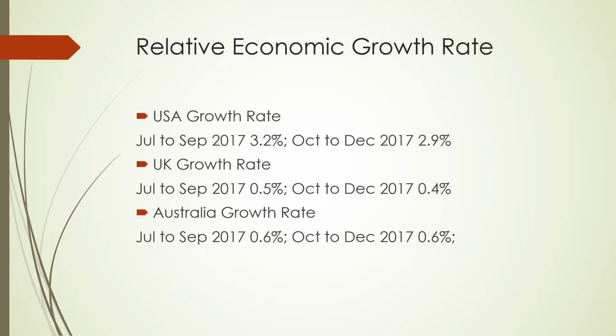Then, according to the Australian National Accounts report released by the Australian Bureau of Statistics, the 2017 Quarter 3 and Quarter 4 GDP growth rates remain unchanged at 0.6%. UK and USA GDP growth rates decreased from Quarter 3 to Quarter 4 2017, and Australia's GDP growth rate remains unchanged, but the GDP growth rate has an ambiguous influence on exchange rate movement.